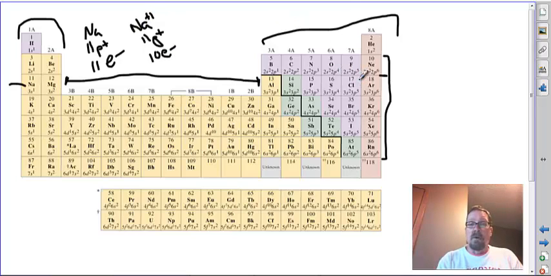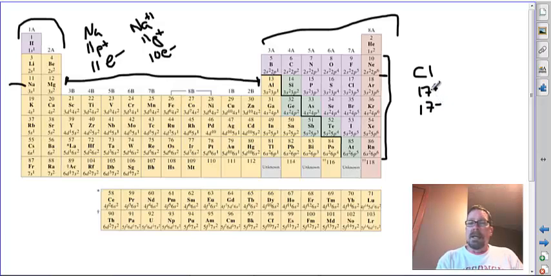Same thing if I went over to the other side here with chlorine. Okay, if I look at chlorine itself, it's got 7 valence electrons, and it started with 17 protons and 17 electrons, 17 positives, 17 negatives, because it was neutral.